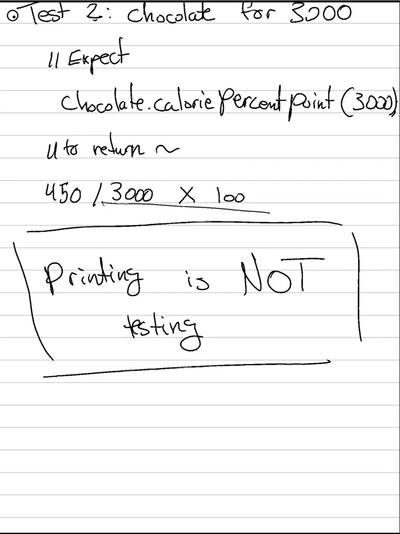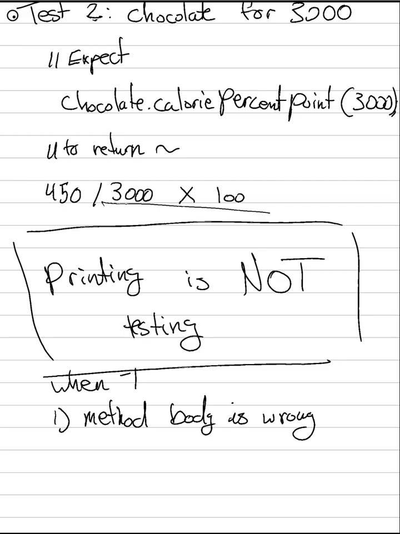Just one last thing. When a test fails, it could mean a few different things, and it's important for us to know. It could mean that the method body is wrong, so for some reason we have created a bug in our program. It could also mean that the expected value is wrong, so the expected value you're giving it should actually be different.